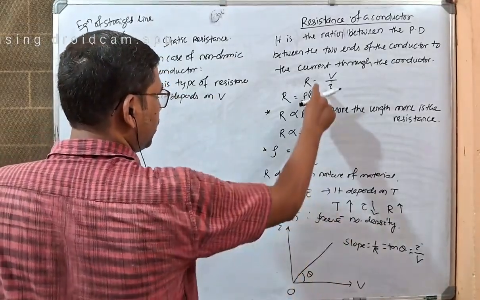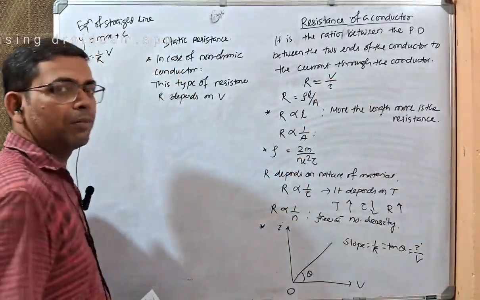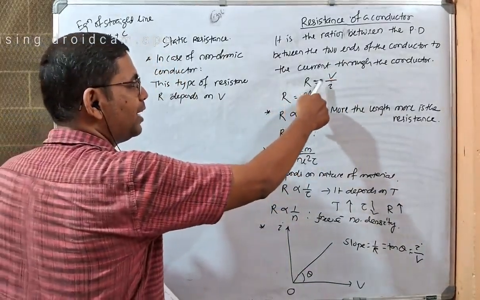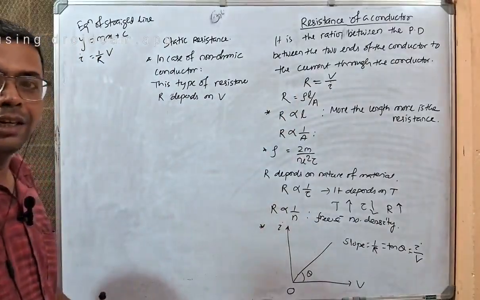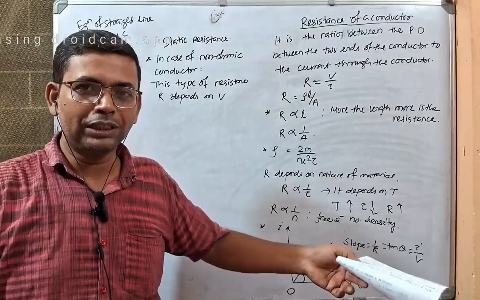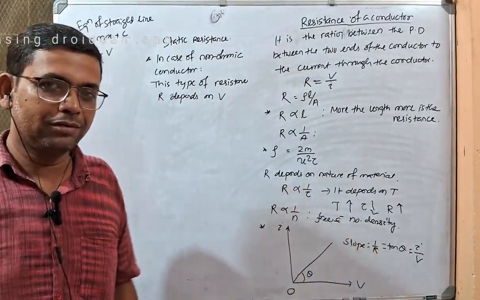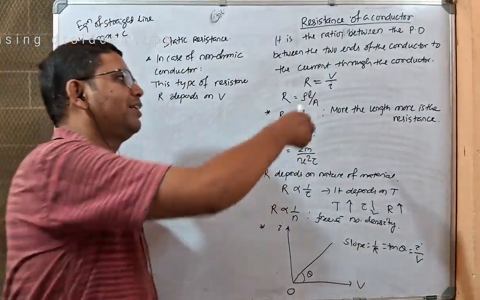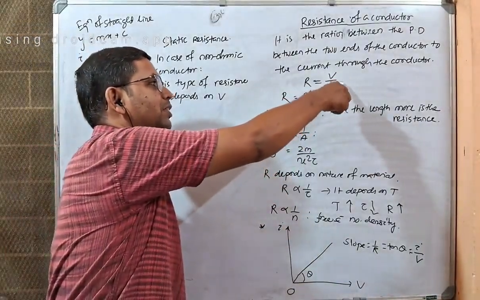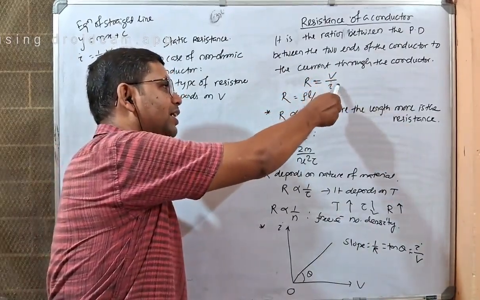R is the ratio between V and I, so from the relation you may say that R depends on V. But actually it doesn't depend upon potential and current.